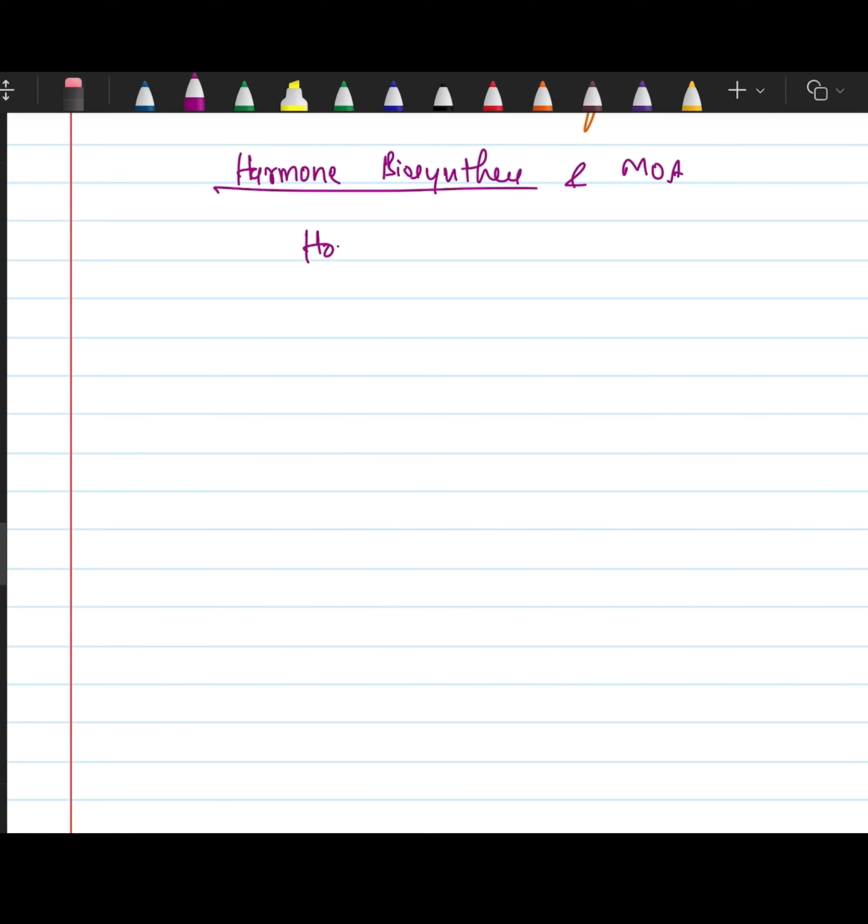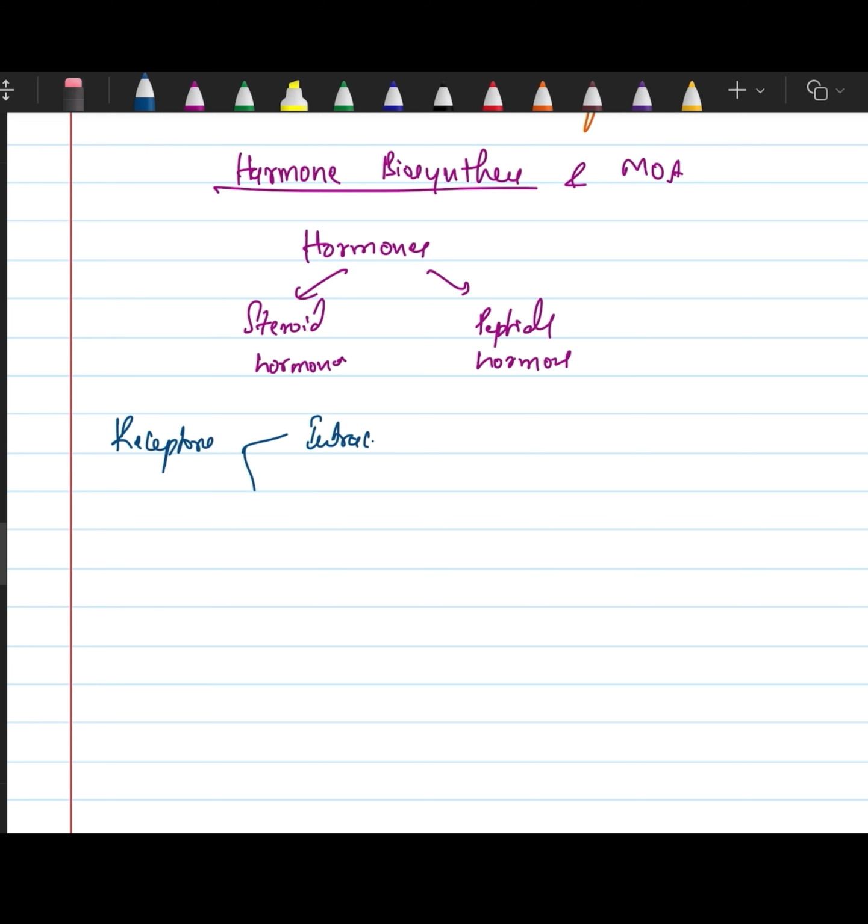These hormones can be divided broadly into steroid hormones and peptide hormones. And the receptors on which these hormones act can be broadly divided into intracellular and extracellular. Intracellular means the hormone has to cross the cell membrane. The cell membrane has lipid molecules, so the hormone has to be lipophilic if it is acting intracellularly.